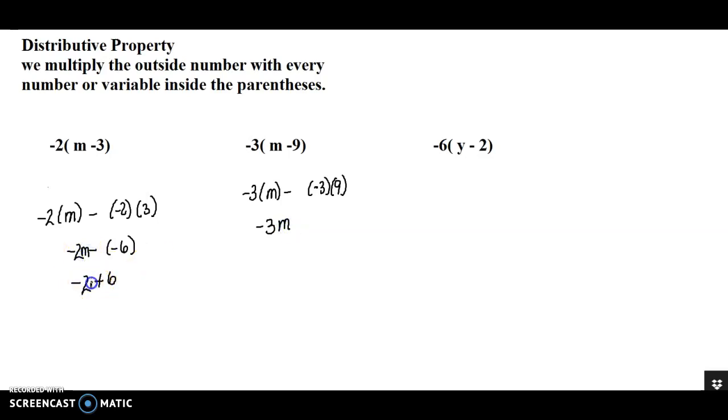Sorry about that. Negative 3m minus, negative 3 times 9 is a negative 27. And then minus a negative 27, that would be a negative 3m plus 27.